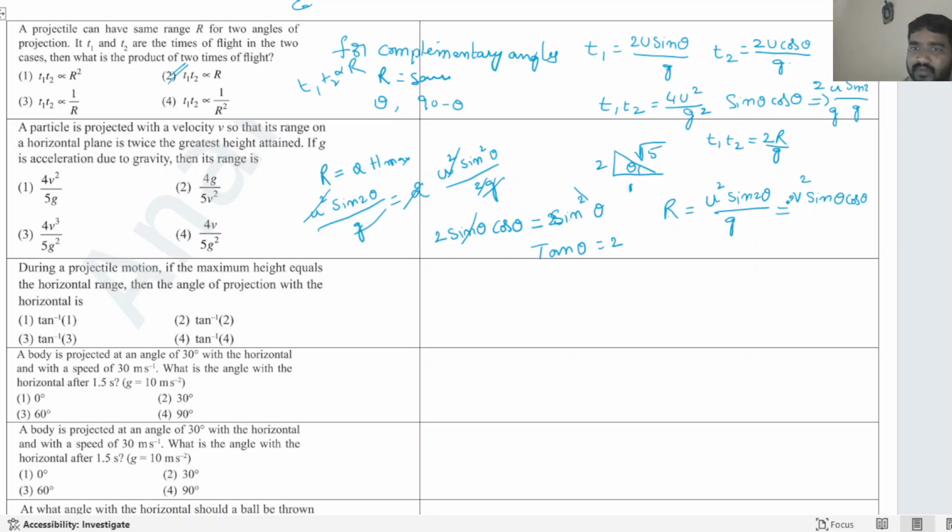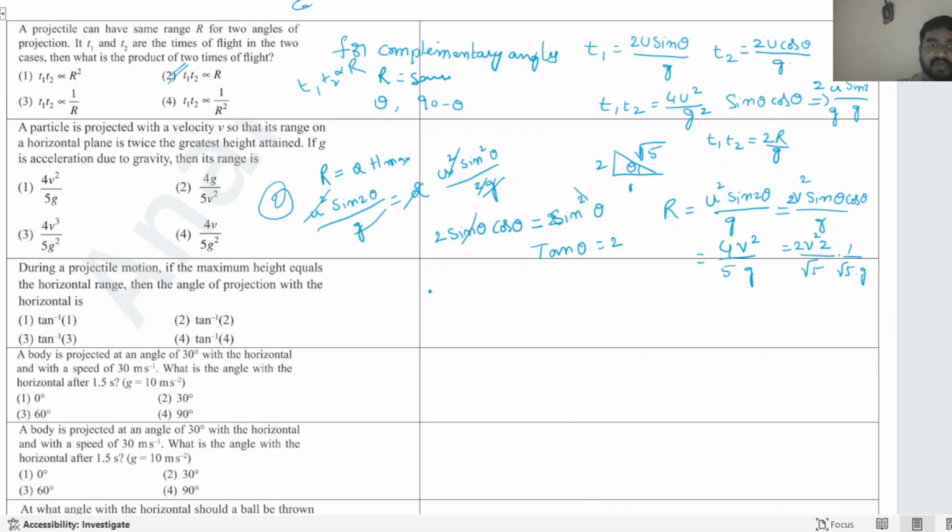So you get 2v square, sine theta is 2 divided by under root 5, into cos theta, which is 1 divided by under root 5, divided by g. Therefore, the range is 4 times v square divided by 5g. So 4v square divided by 5g, your answer 1 is correct.